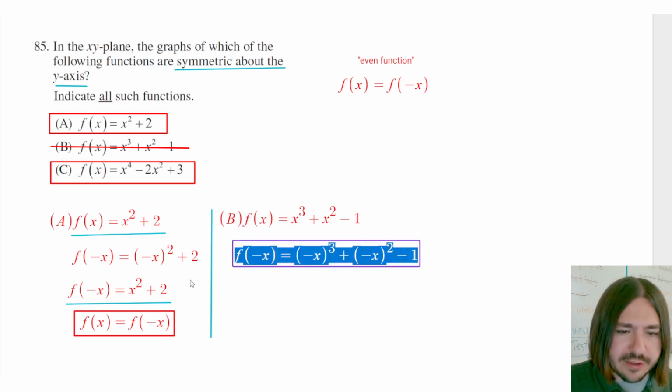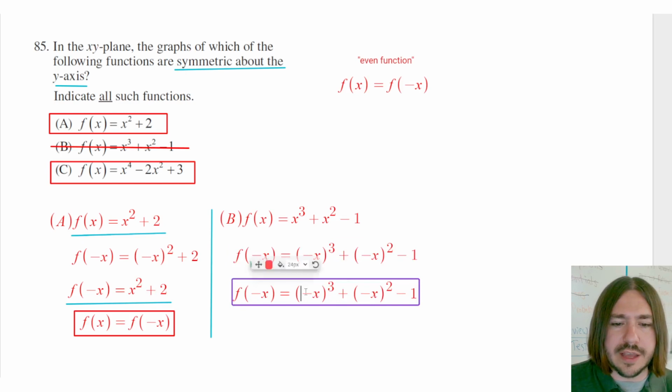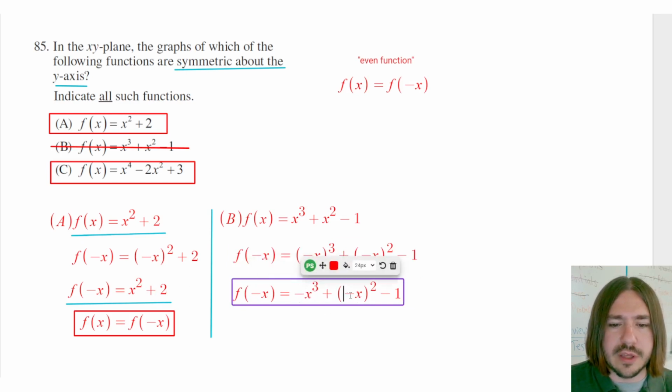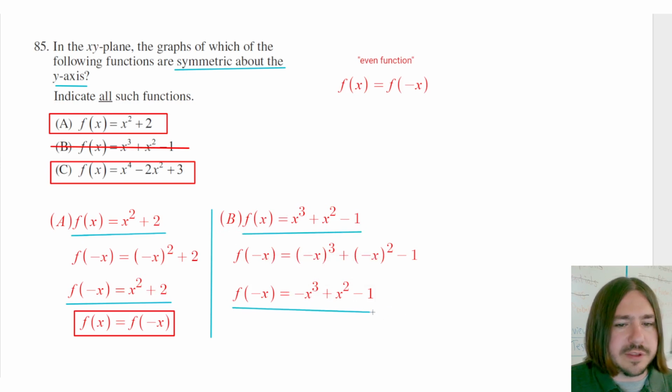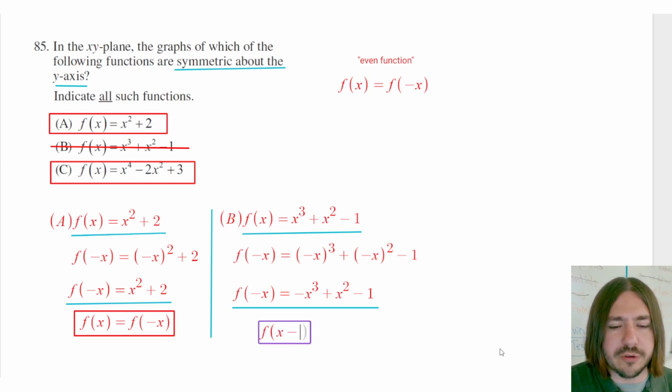So when I simplify this expression, I do get negative x cubed plus positive x squared minus 1. And so because f of x is not the same, and it has to be exactly the same, as f of negative x, we can say that this is not going to be symmetrical.